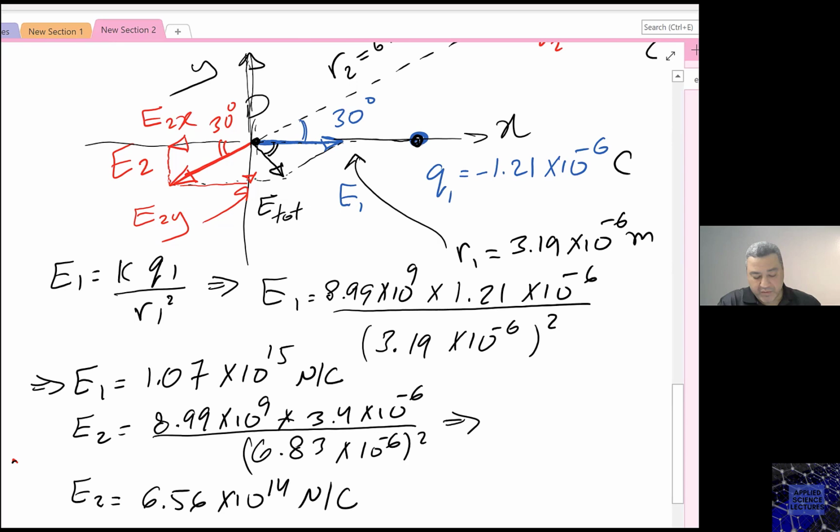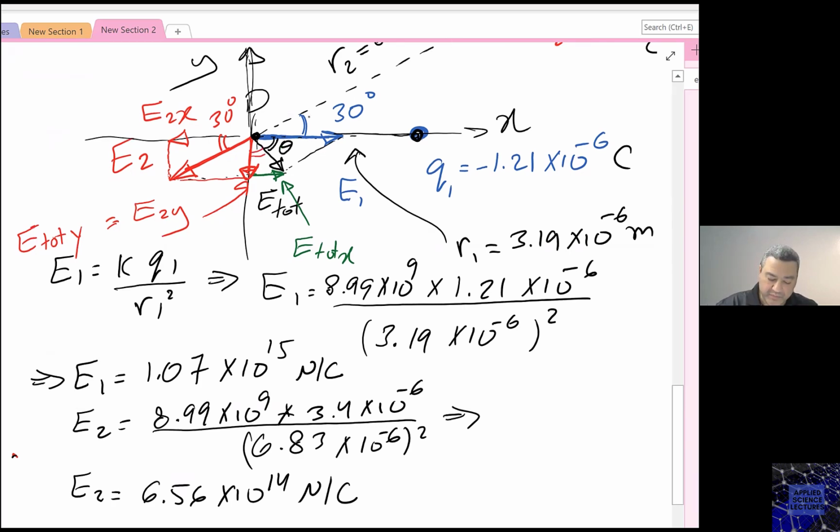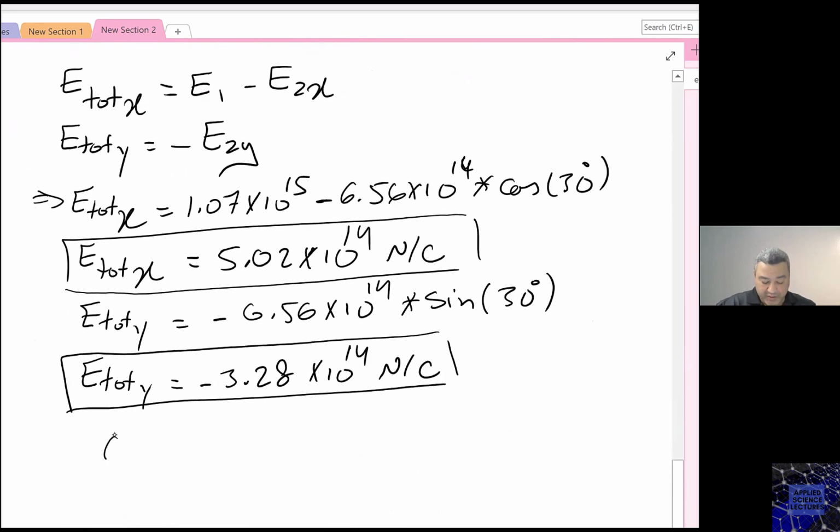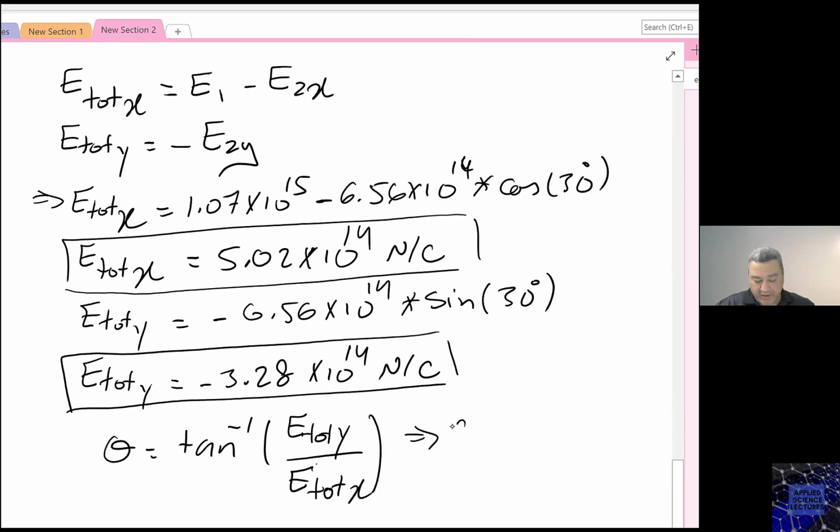And this angle is from the E dot x and E dot y, so it equals E dot y, because it's the only component that is contributing, which is tan inverse of E dot y over E dot x, and theta equals minus 33 degrees.